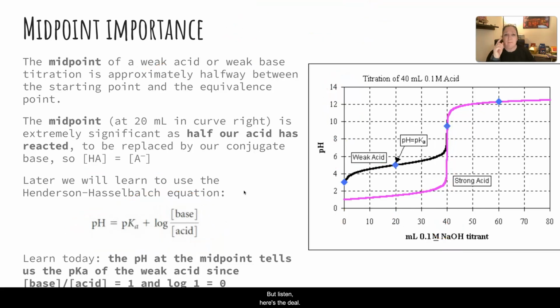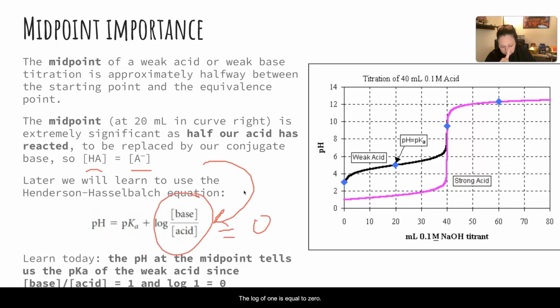But here's the deal. When I plug them in here and they're equal to each other, that means that ratio is 1. And the log of 1, put it in your calculator if you don't believe me, is equal to 0.